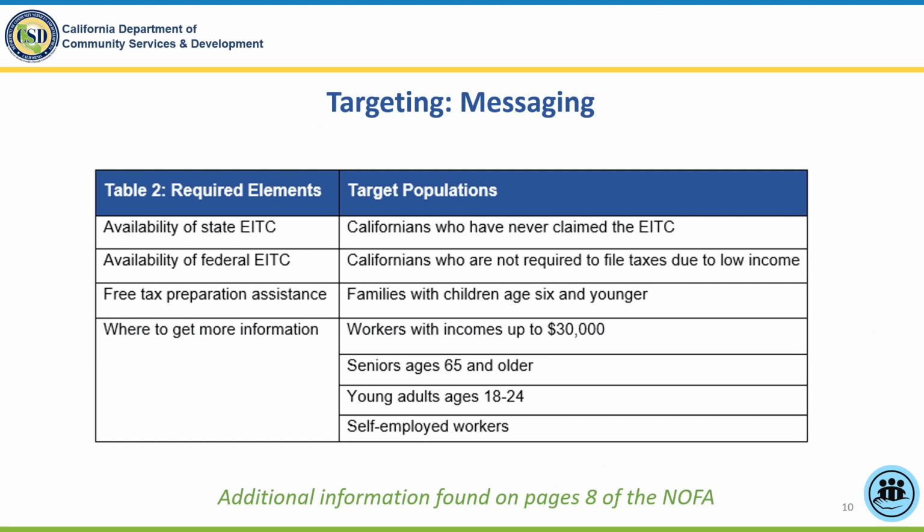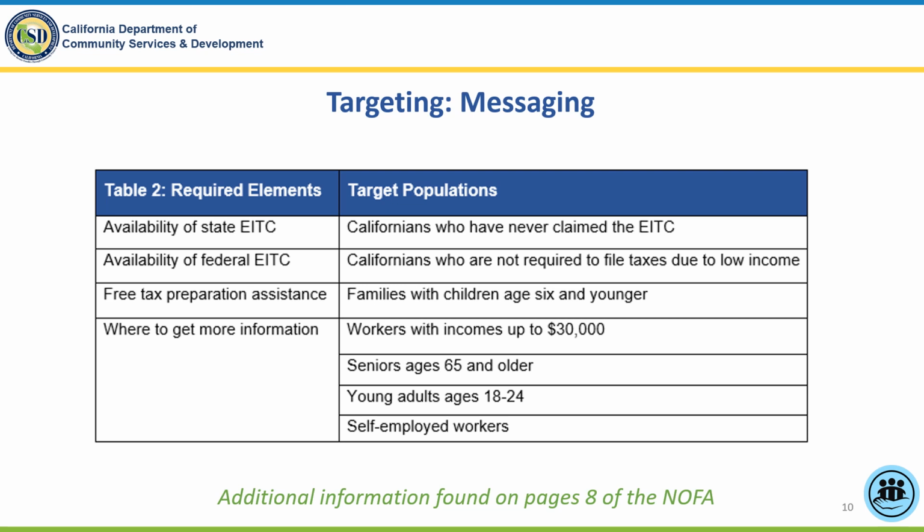The left-hand side of the table includes the required messaging elements. All education and outreach messaging should be culturally sensitive and customized to the population in which the materials are being distributed. Messaging should also target those who are newly eligible to claim CalEITC and/or populations that will benefit from the 2019 expansion of the CalEITC or became newly eligible due to the prior year expansion of the credits, such as listed in the Target Populations column on the right-hand side of the table.